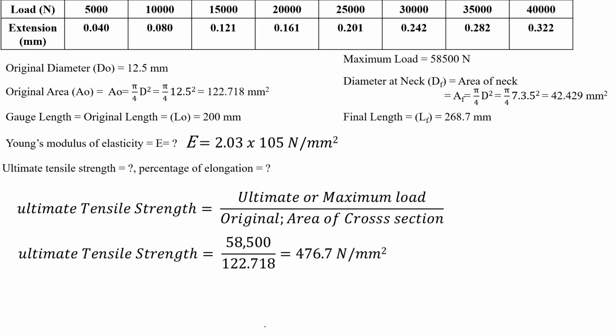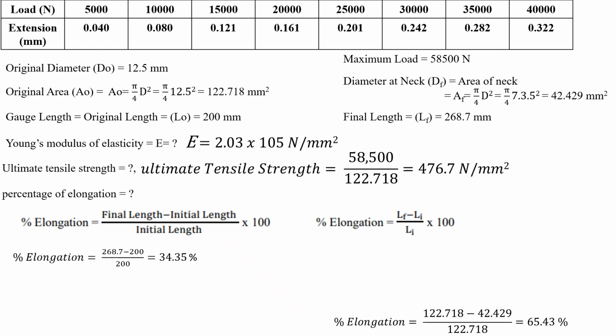Maximum load is 58,500 newtons and the initial cross section area of the specimen is 122.718 mm square. Then the ultimate tensile strength will be 476.7 Newton per mm square.